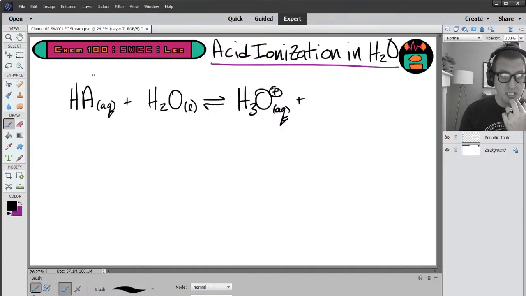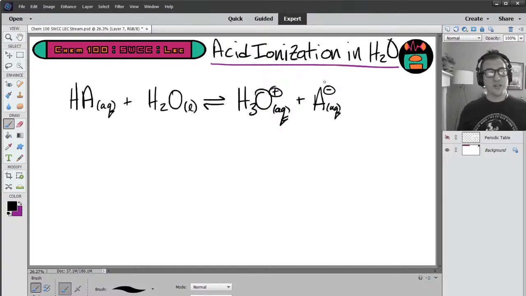And once the acid donates H+, what's left over is the rest of the molecule minus an H and minus a positive charge. Remember, an acid is an H+ donor, so it's given away a positive charge. If it's lost a positive charge, that means there is a negative charge left behind. All right, so this is the equation. This is the equilibrium for the ionization of a generic acid in water.